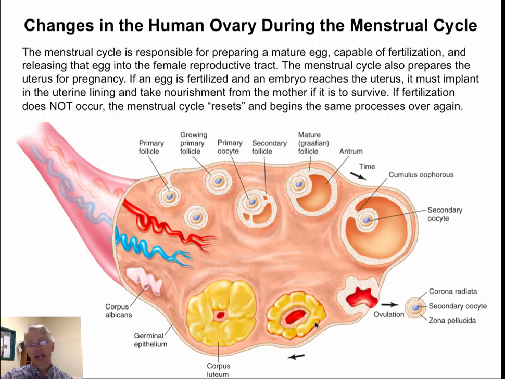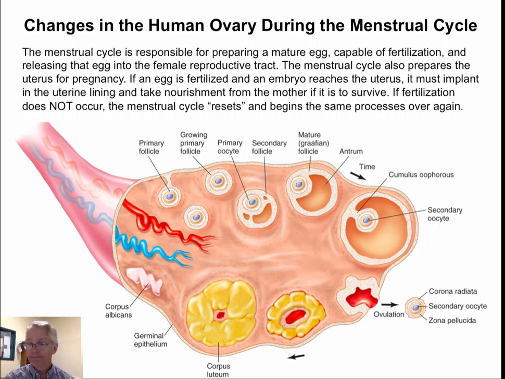In this diagram, which is showing a cross-section of an ovary, we see the menstrual cycle happening in a clockwise circle, starting from the primary follicle on the top left. That would be something that starts developing right at the end of a menstrual period, which you might consider the beginning of the next menstrual cycle. Then the follicle grows, the egg matures, and then it is released into the uterine tube.